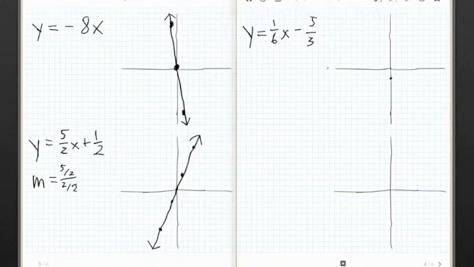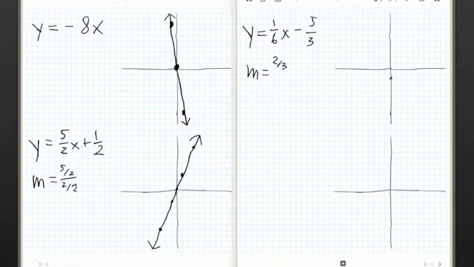So how about this? Let's say we want to go up by 2/3 here. We want to have a change in y of 2/3, right?